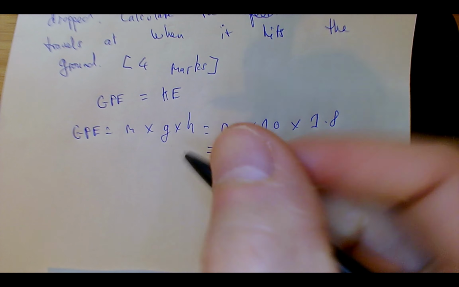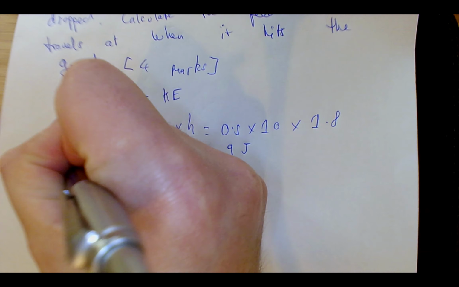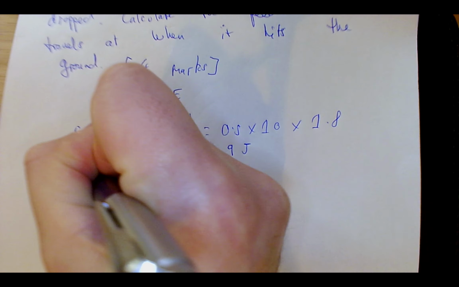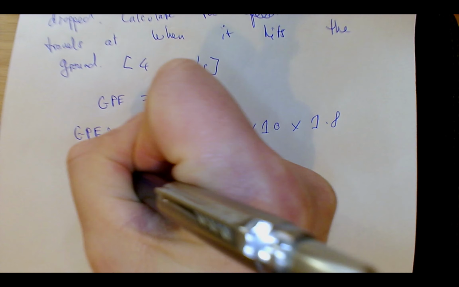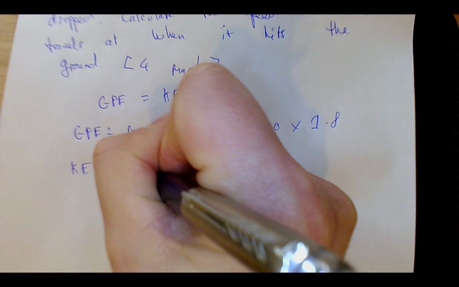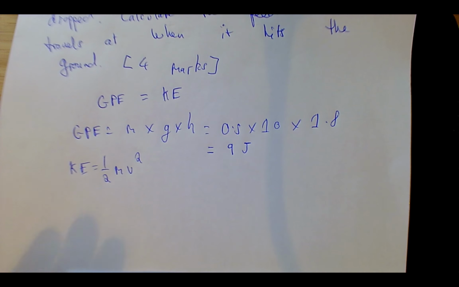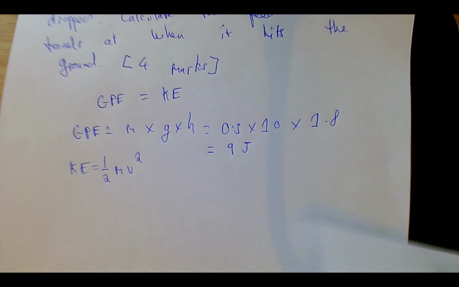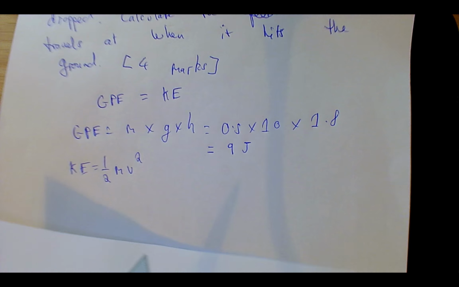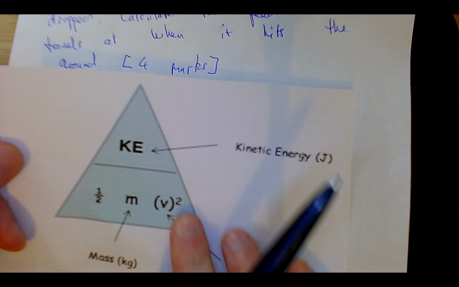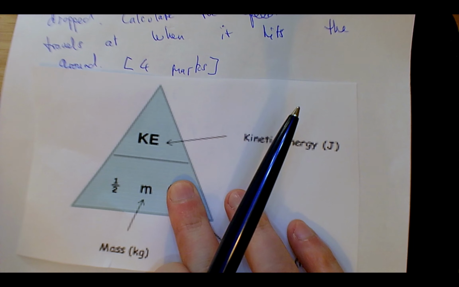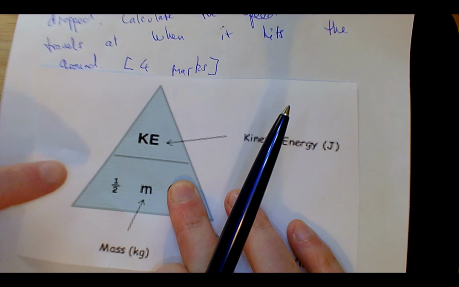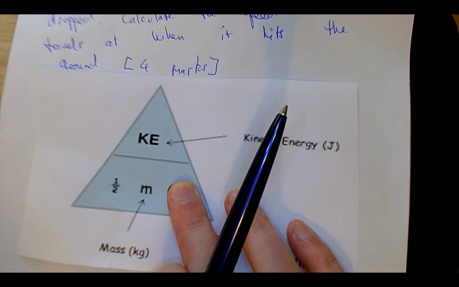KE equals half mv squared, where v is going to be our final velocity. Right, so I want to get v squared on its own. I'm going to cover up v squared, and you can see it's KE divided by a half times m.